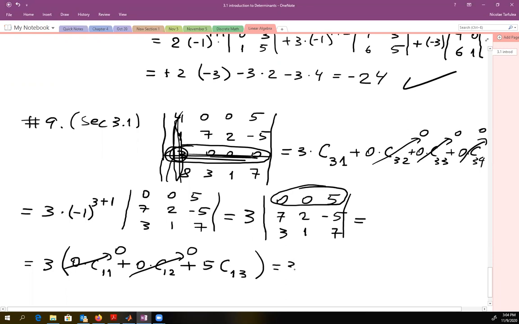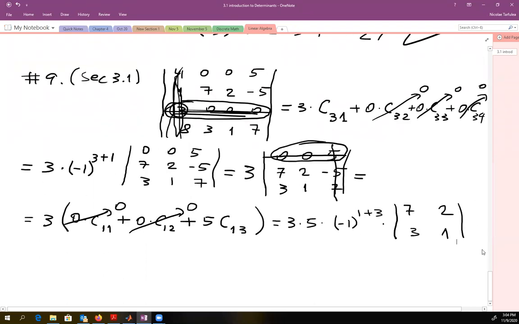So I have 3 times 5 times -1 to the 1 plus 3, and now multiply by the determinant obtained by crossing out the first row and the last column. So I have here 7, 2, 3, 1. And fine, so we are done.